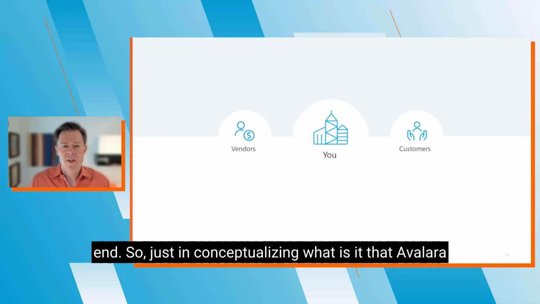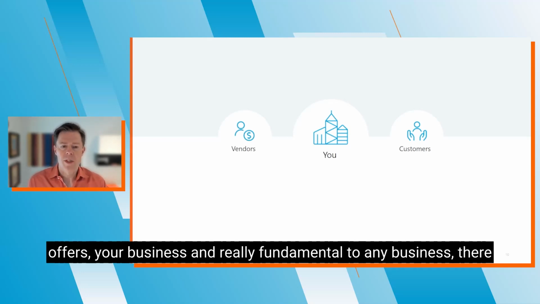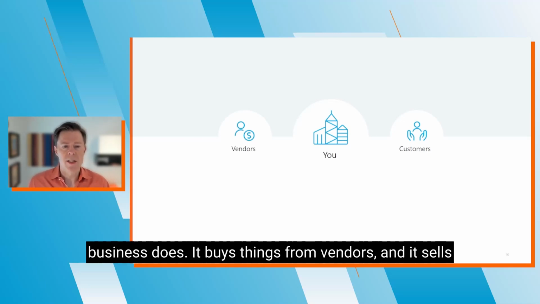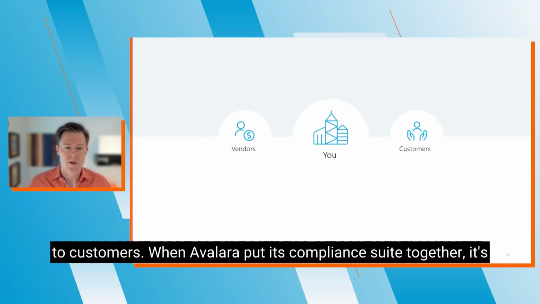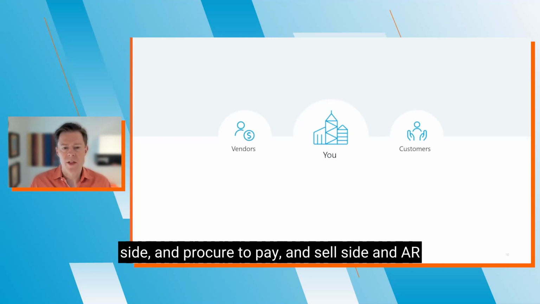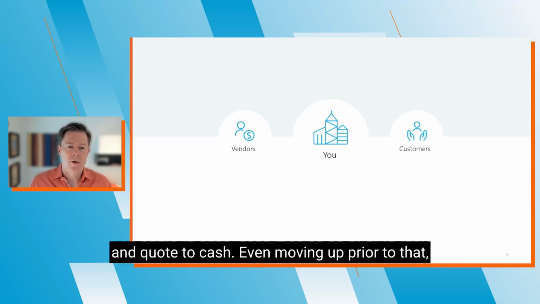So just in conceptualizing, what is it that Avalara offers? Fundamental to any business, there are two main parts of the equation of what any business does. It buys things from vendors and it sells to customers. And when Avalara put its compliance suite together, it framed it around how to stay compliant on the buy side, in procure to pay, on the sell side, in AR, and quote to cash.